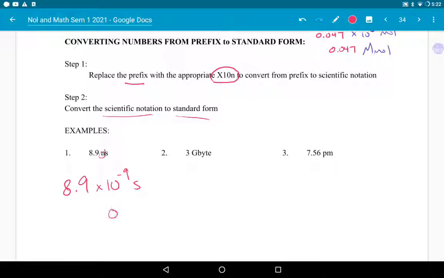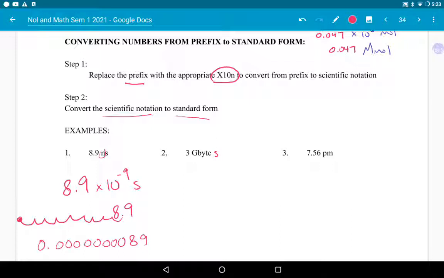Now we can change that to standard notation. So 1, 2, 3, 4, 5, 6, 7, 8, 9. So 0.1, 2, 3, 4, 5, 6, 7, 8 zeros. Then my non-zero digit, that's the 9th place, and then the extra 9 there.